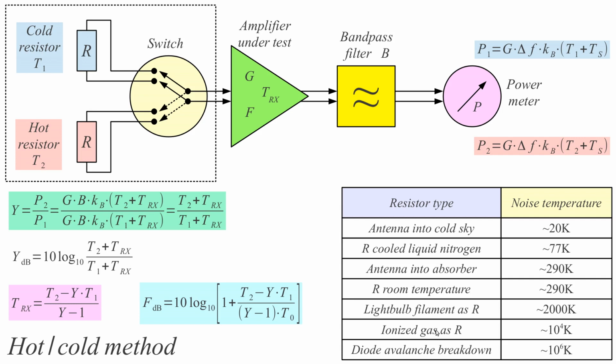An ionized gas can also be used as a resistor, and this is around 10,000 Kelvin noise temperature. And finally, the most noisy device is an avalanche breakdown. An avalanche breakdown is very noisy. We have special diodes, just like stabilizer diodes, built for avalanche breakdown that may provide us 1 million Kelvin of noise temperature.